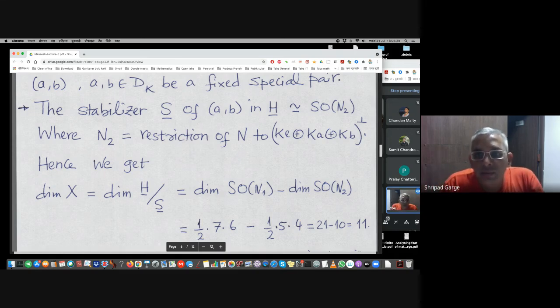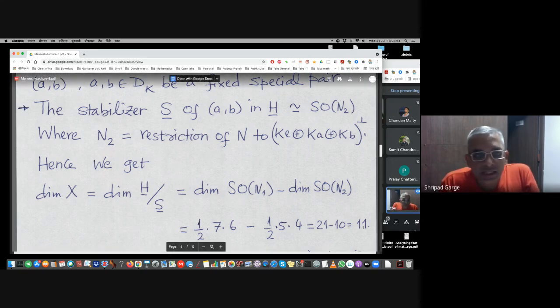And N1, if you remember, was the perp of the identity element. So that's a 7-dimensional thing. So you take the sum 6 plus 5 plus 4 plus 3 plus 2 plus 1, so that is 21. 21 minus 10 is 11.